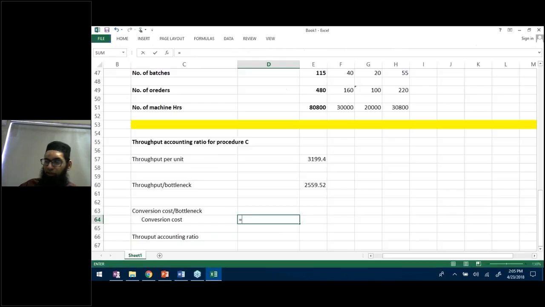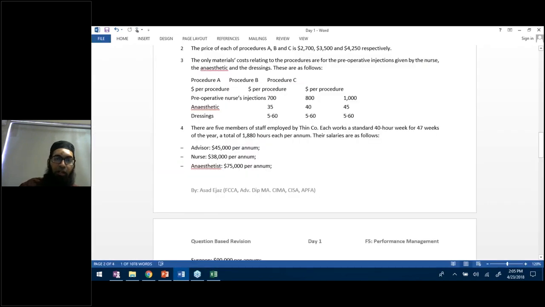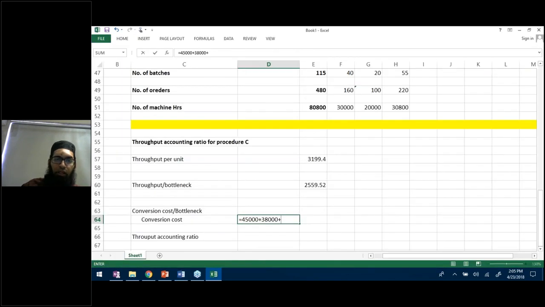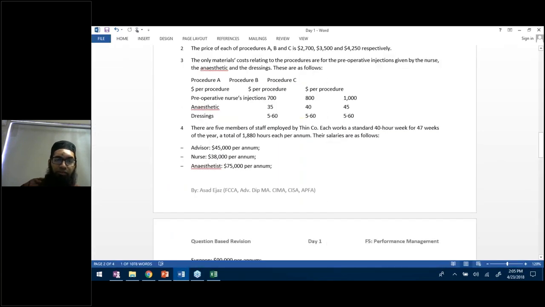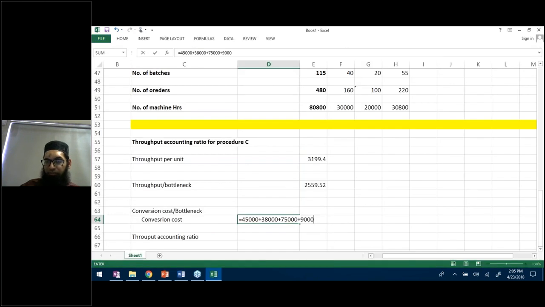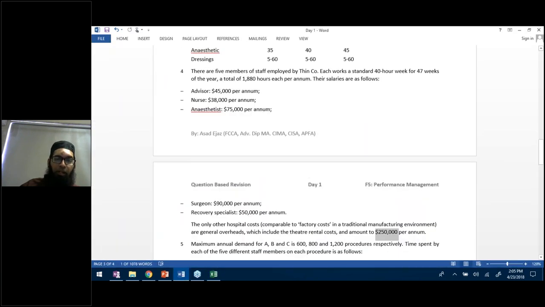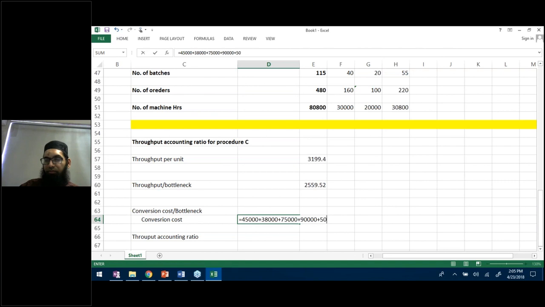So it will be 45,000 plus 38,000 plus 75,000 plus 90,000 plus 50,000.